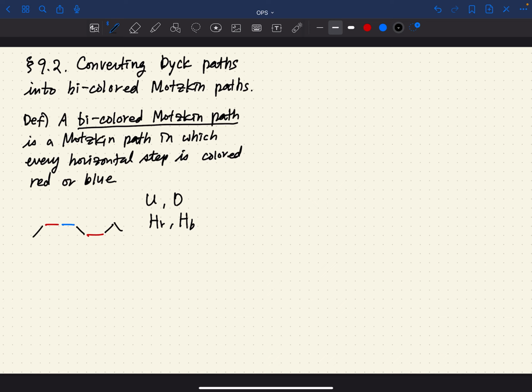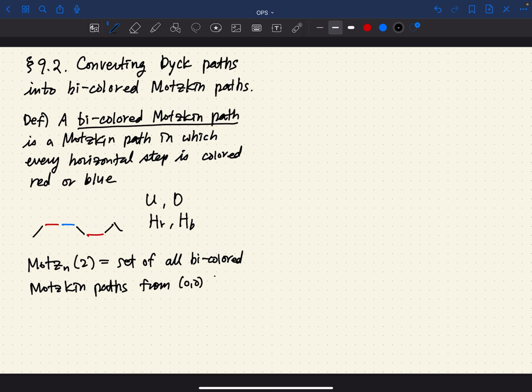And there is a simple bijection between Dyck paths and bicolored Motzkin paths. So let me explain. I need to introduce one or two more definitions. Mach_n^(2) is the set of all bicolored Motzkin paths from (0,0) to (n,0). And I'm going to use one more notation.